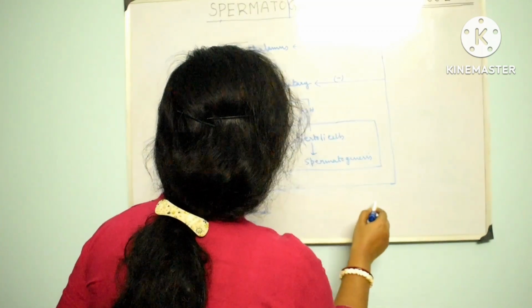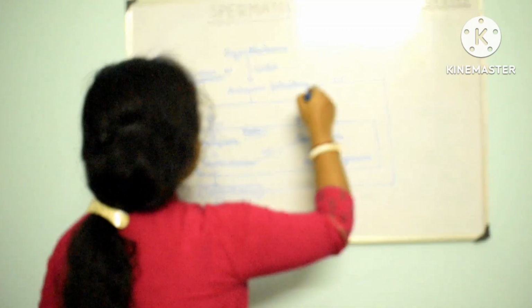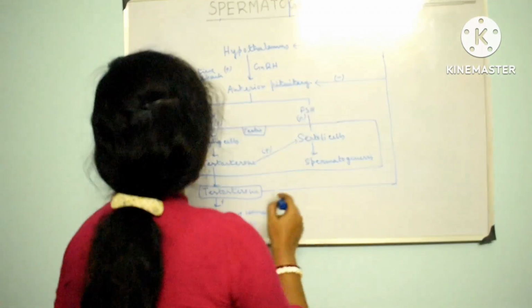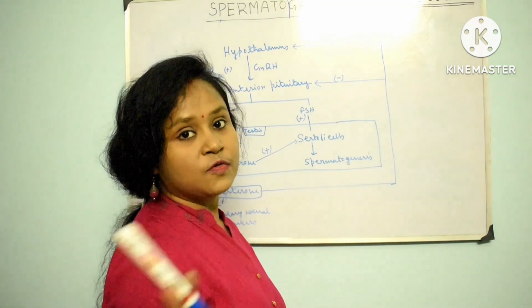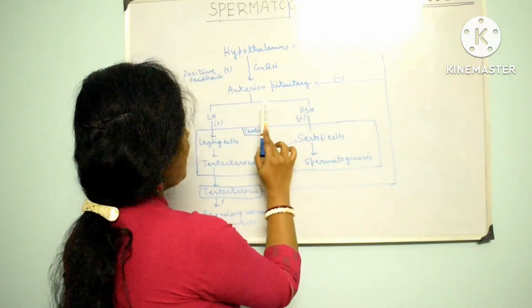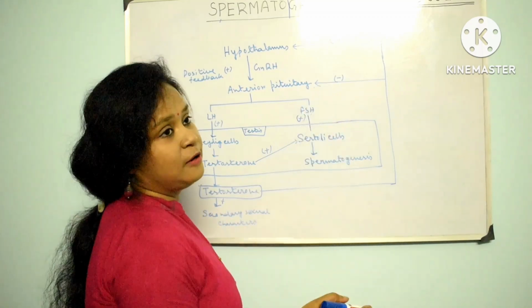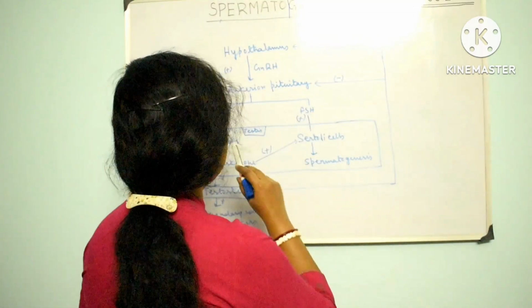So testosterone exerts its negative feedback effect on the anterior pituitary. Here I am giving a negative sign. It tells the anterior pituitary not to secrete any more LH and FSH. A stop signal, a negative signal, saying anterior pituitary, please stop secretion of LH and FSH.